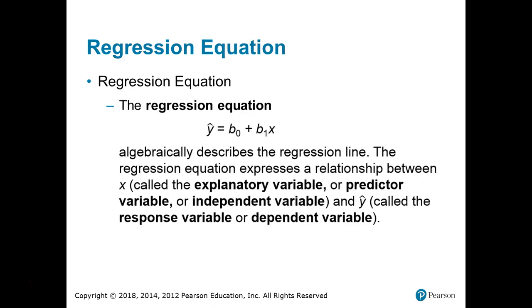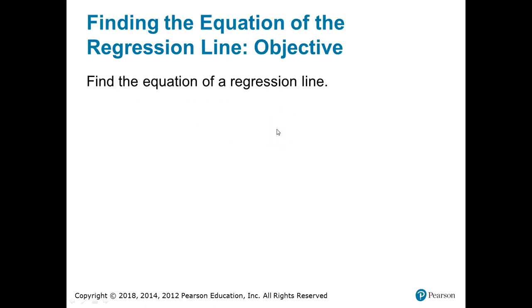Okay, so the regression equation is just going to be y hat equals b naught plus b1x. That describes the regression line. x is the predictor variable, or the independent variable, and y hat is the response variable, or the dependent variable. That's basically your output given your input x.